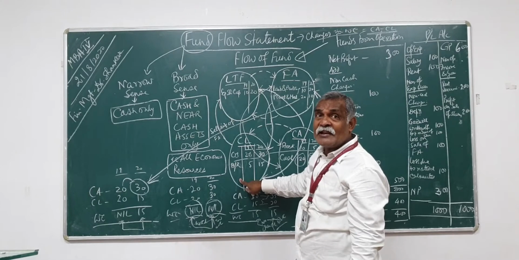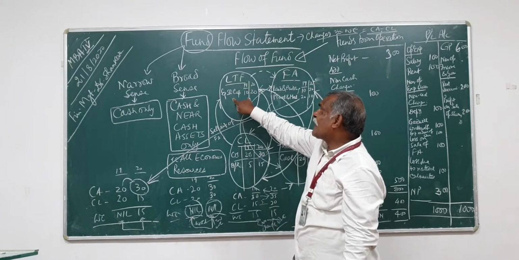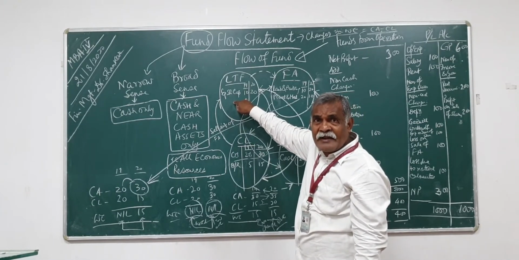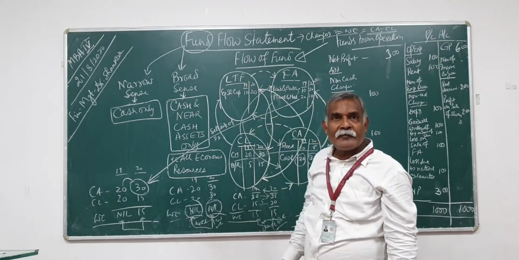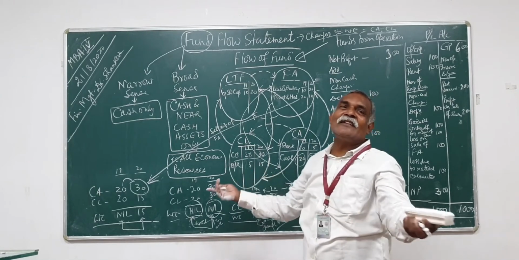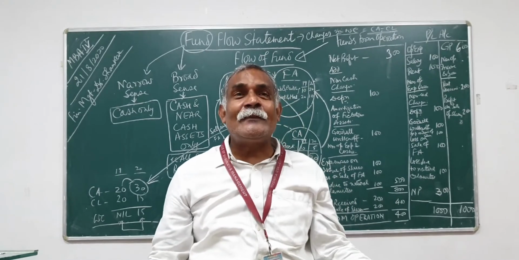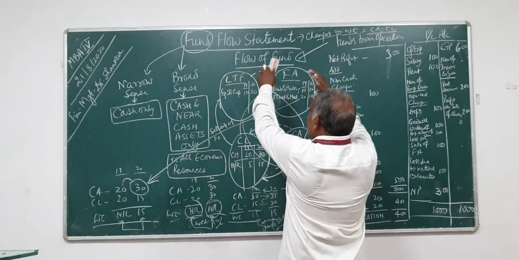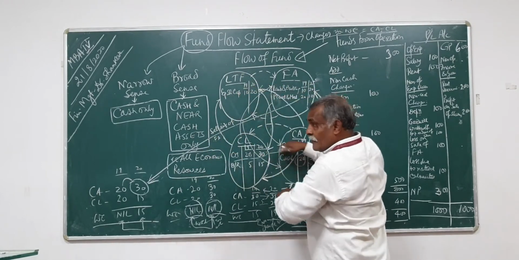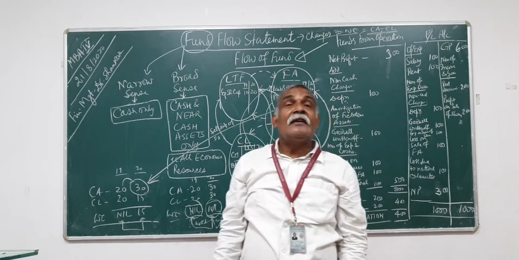There is no change in current liabilities, because you have issued equity shares of 10 rupees, and when we issue equity shares, our cash will increase. Here the cash will increase, the current liability remains the same, then there is change in working capital. It means the conclusion is, if the transaction is horizontal, there is no change. If there is a vertical or diagonal transaction, there is change in working capital. There is flow of fund.